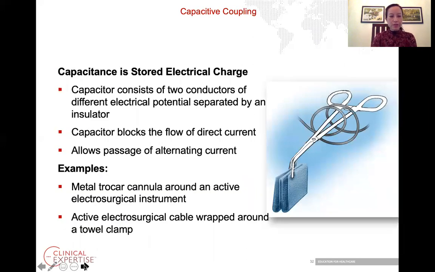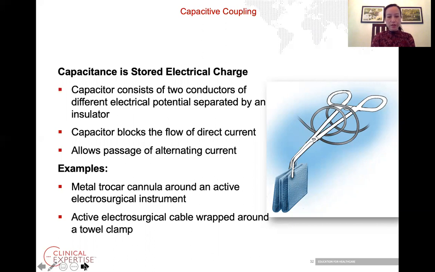As mentioned, capacitance is stored electrical charge, and a capacitor is a device that stores this electrical charge. When two conductors are separated by an insulator, a capacitor is created. As a result, a current in one conductor can induce a current in the second conductor. The capacitively coupled current wants to complete the circuit by finding a pathway to the patient's return electrode.